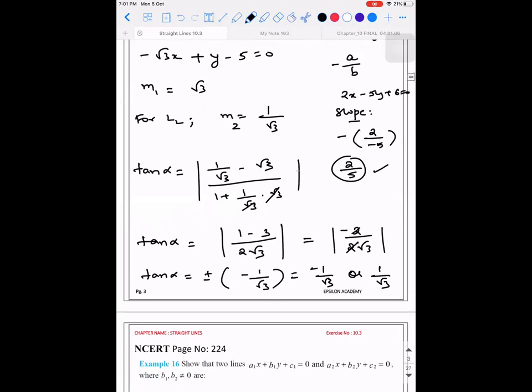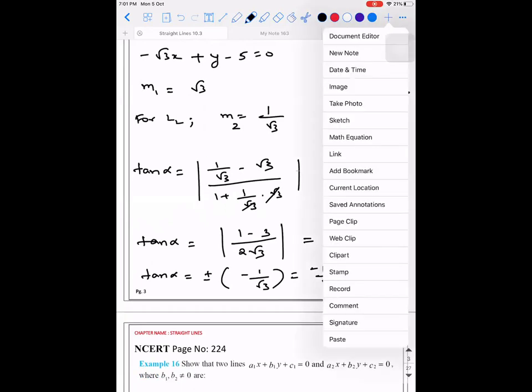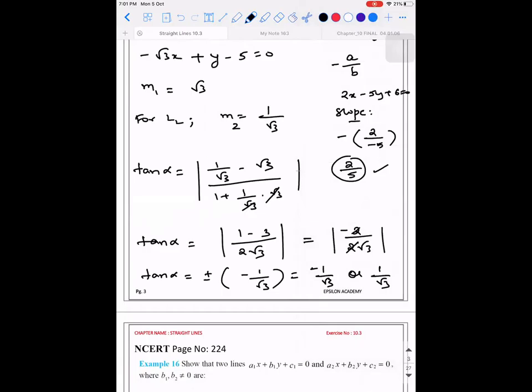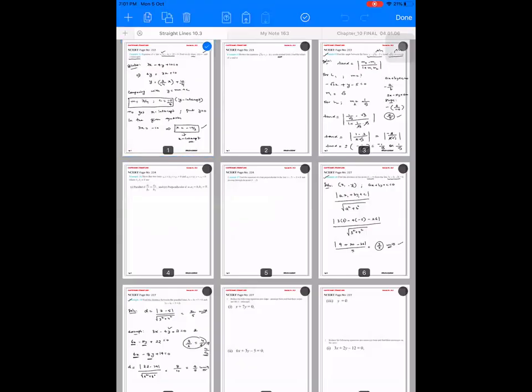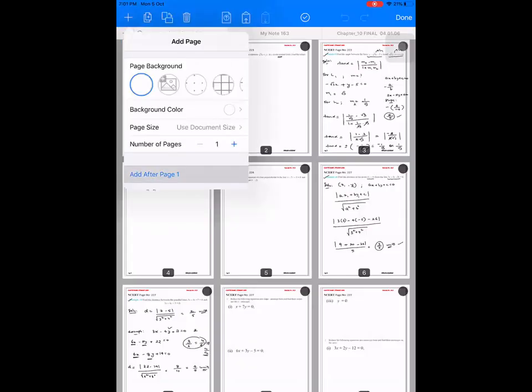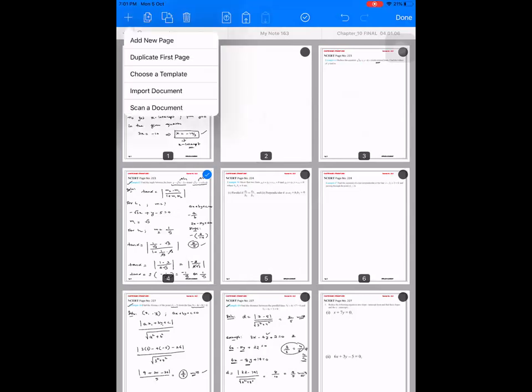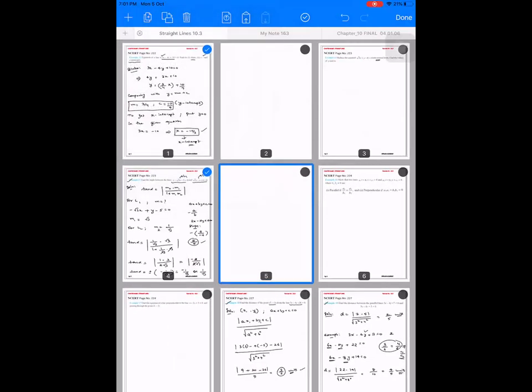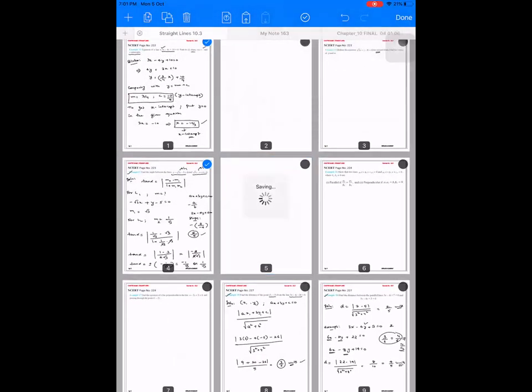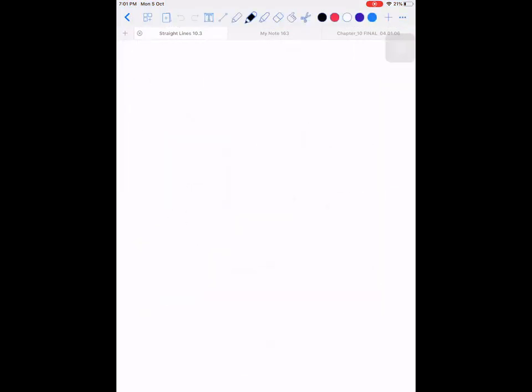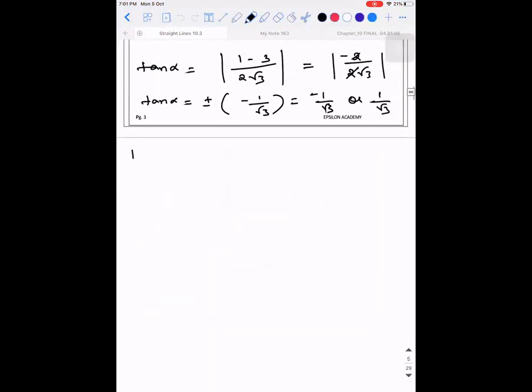So when tan alpha is minus 1 by root 3, what will you get? So tan alpha is equal to minus 1 by root 3, or tan alpha is equal to 1 by root 3.